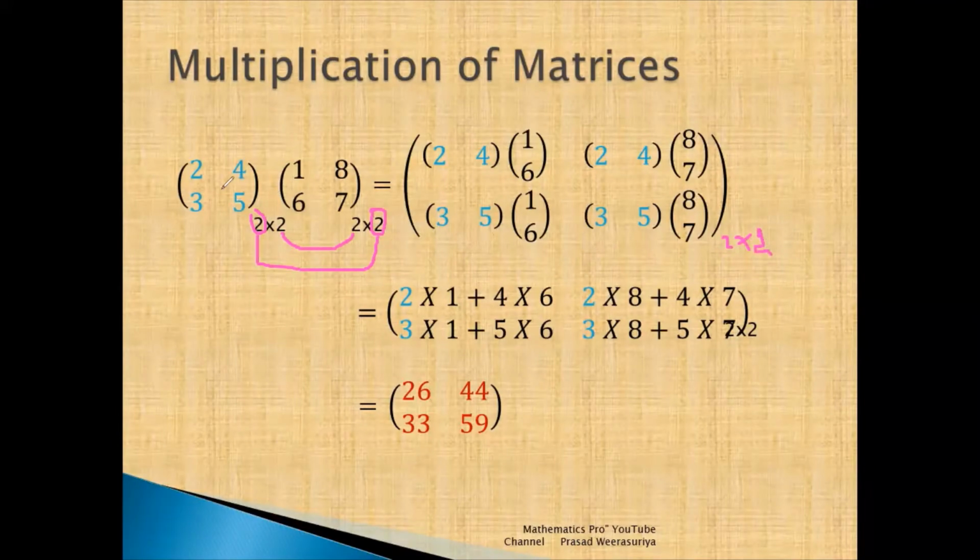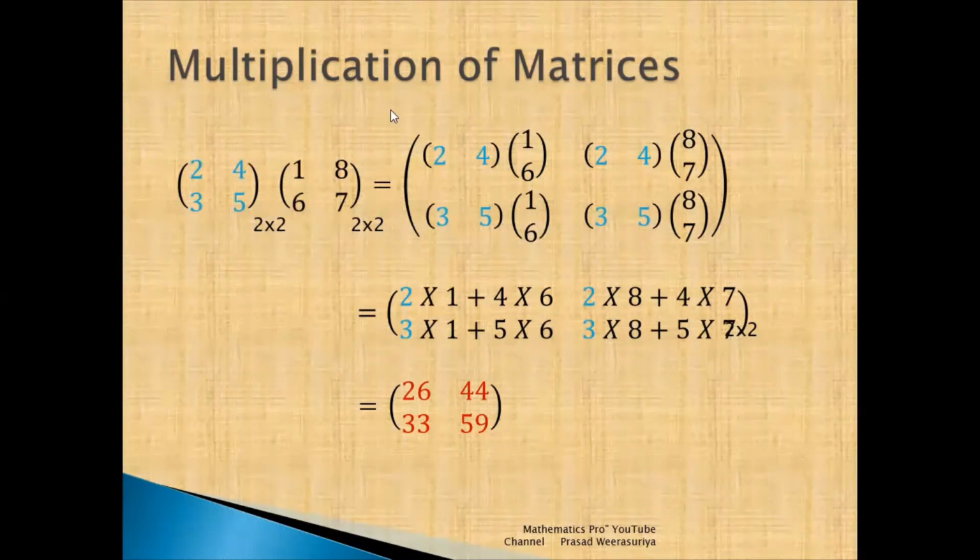Let's see this example. In order to get the first element in the first row and first column, you have to multiply the first row of this matrix and the first column of this matrix.